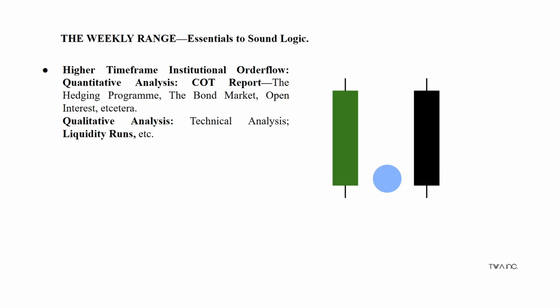Now, quantitative analysis is you are looking to data to affirm what the markets are going to do. And I listed about three macroeconomic indicators here. For example, I think two macroeconomic indicators: the bond market, which obviously conversely mean interest rates and yield, and the open interest.